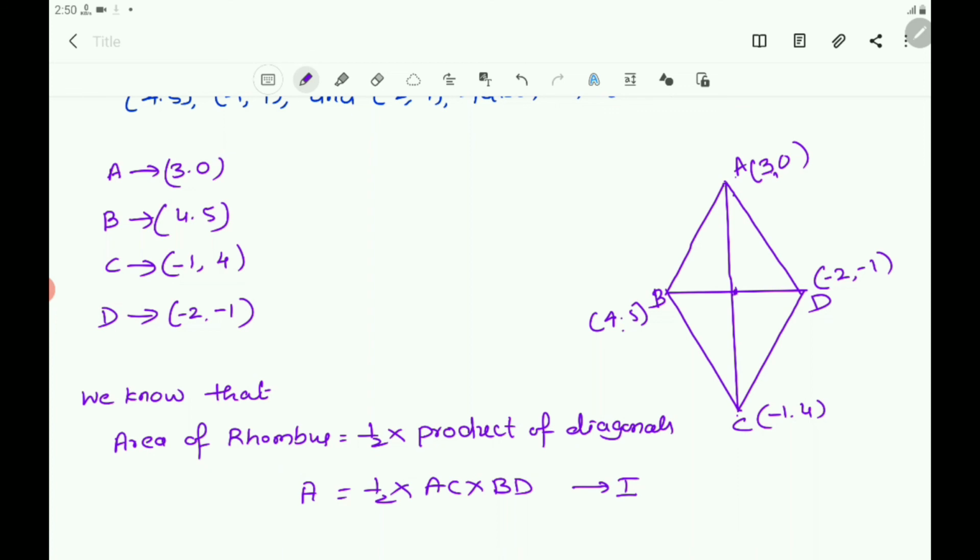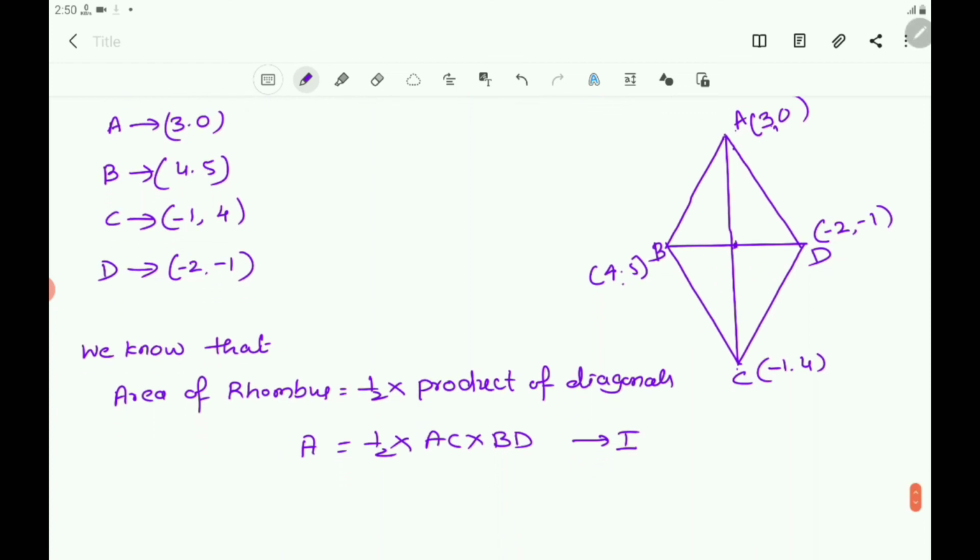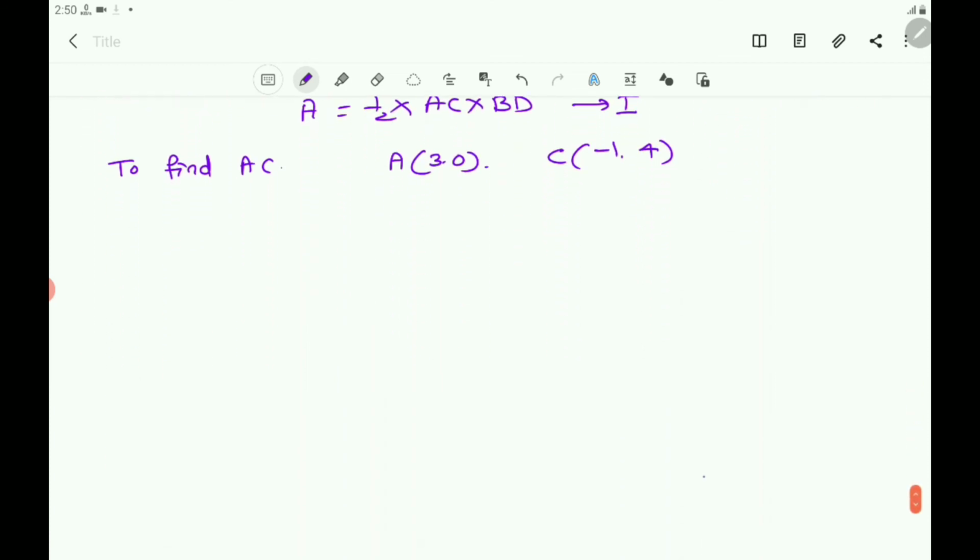Now here we have to find AC and BD by using the distance formula. To find AC, take A with coordinates (3, 0) and C with coordinates (-1, 4). Then you write AC equals square root of (x2 minus x1) whole square plus (y2 minus y1) whole square.